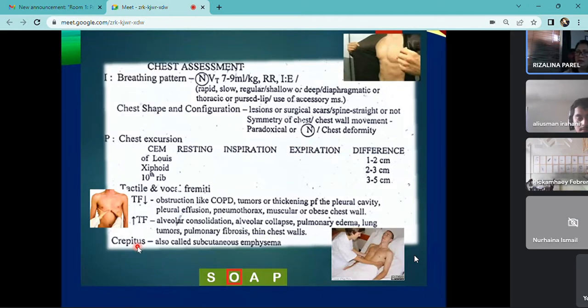When we say crepitus, baka nagkaroon siya ng subcutaneous emphysema wherein nafe-feel mo dun sa skin niya na during inspiration, parang may nafe-feel ka na bubbles dun sa loob. Okay? So, this is due to anong mga causes niya? One is, of course, may subcutaneous emphysema siya.